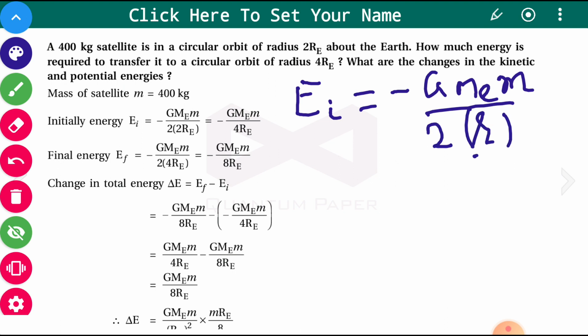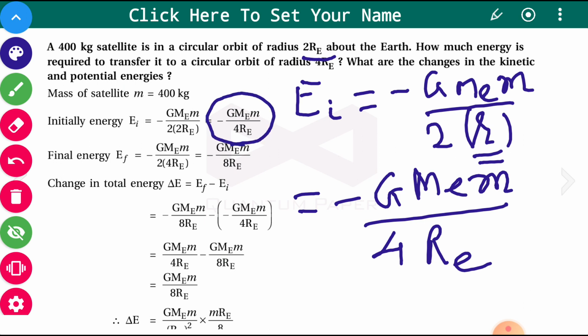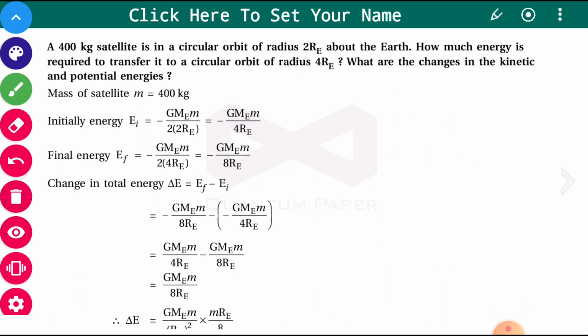Now this distance initially is taken as 2RE, so this energy will become minus G Me m upon 4 times RE. Now when you take this satellite at a distance 4RE, and instead of small r we write 4RE, the equation will become minus G Me m upon 8RE. So these are the initial and final energies.